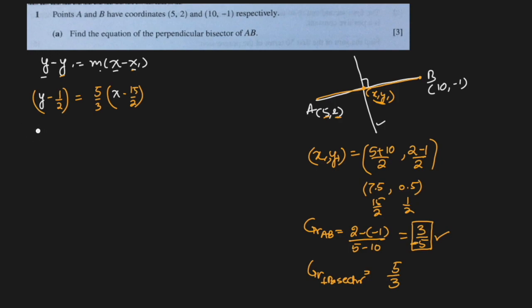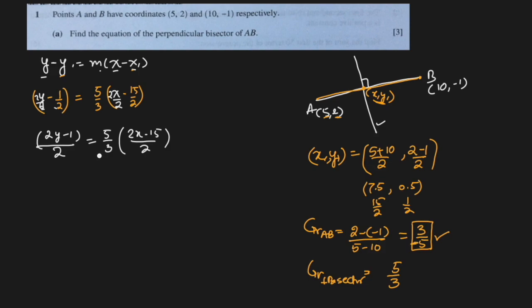So let me multiply here also by 2, and this is by 2, so that this becomes 2y minus 1, divided by 2 whole of it now. Similarly, I'll do 2 and 2 here. So we will get 5 over 3 multiplied by (2x minus 15) over 2.